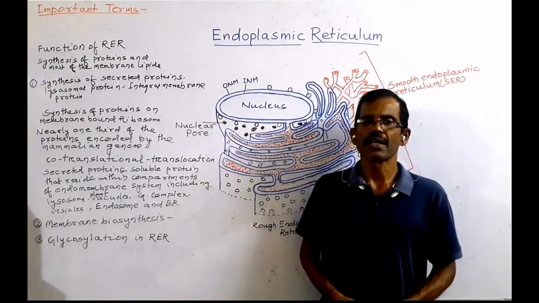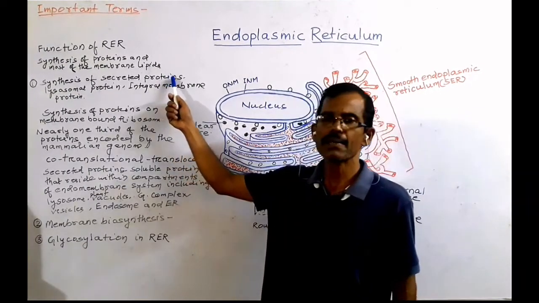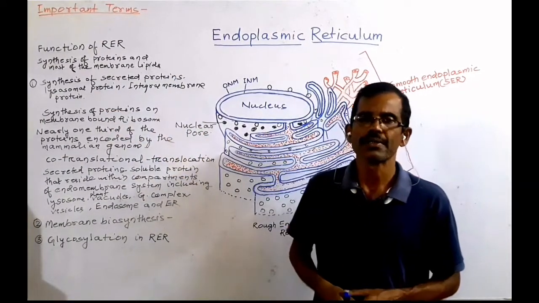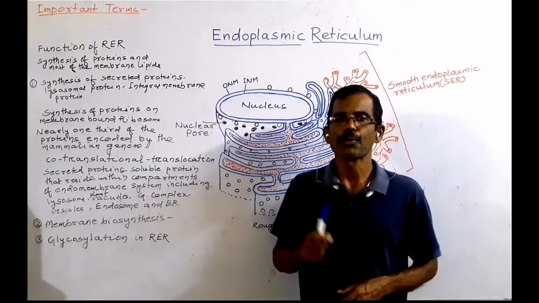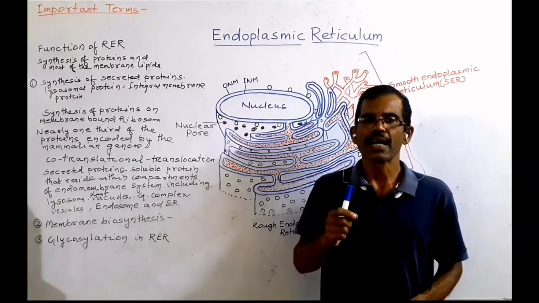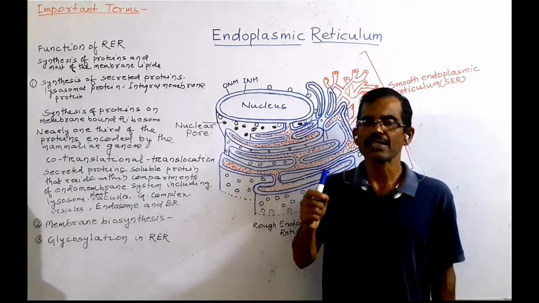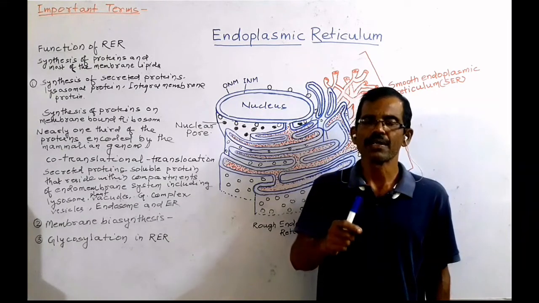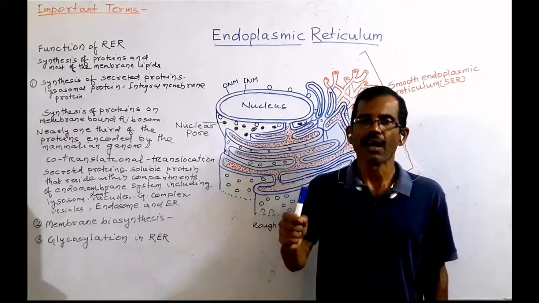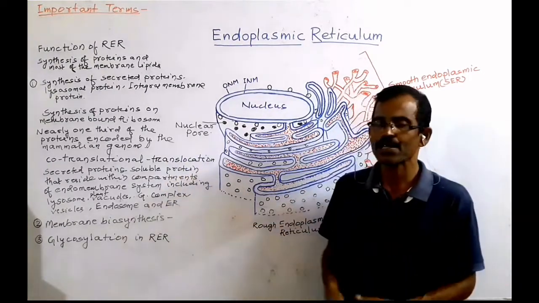The proteins that are synthesized by rough endoplasmic reticulum include secreted proteins, lysosomal proteins and integral membrane proteins. Nearly one-third of the proteins encoded by the mammalian genome are synthesized on the ribosomes that are bound to the cytosolic surface of rough endoplasmic reticulum and released into the lumen of RER in a process known as co-translational translocation.